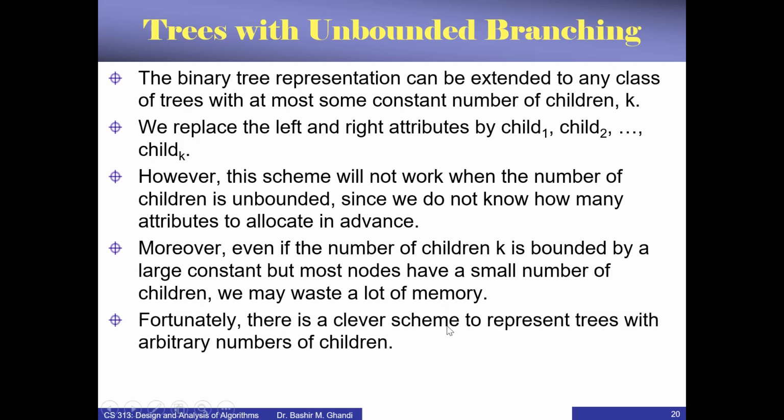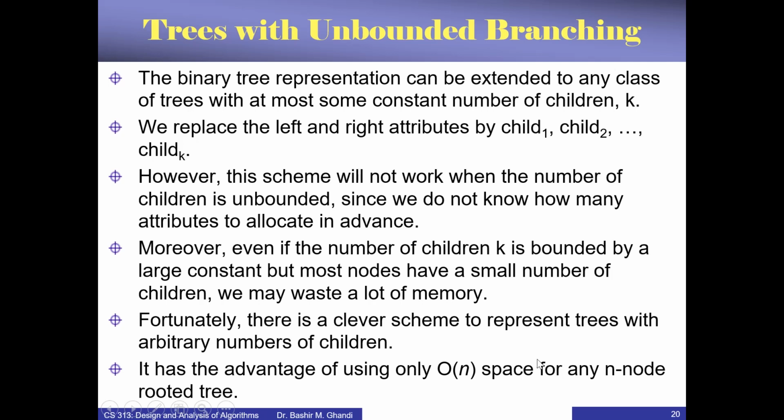Fortunately, there is a clever scheme to represent trees with an arbitrary number of children, but for which the space is big O of n for an n-node rooted tree. So there is no wastage at all.